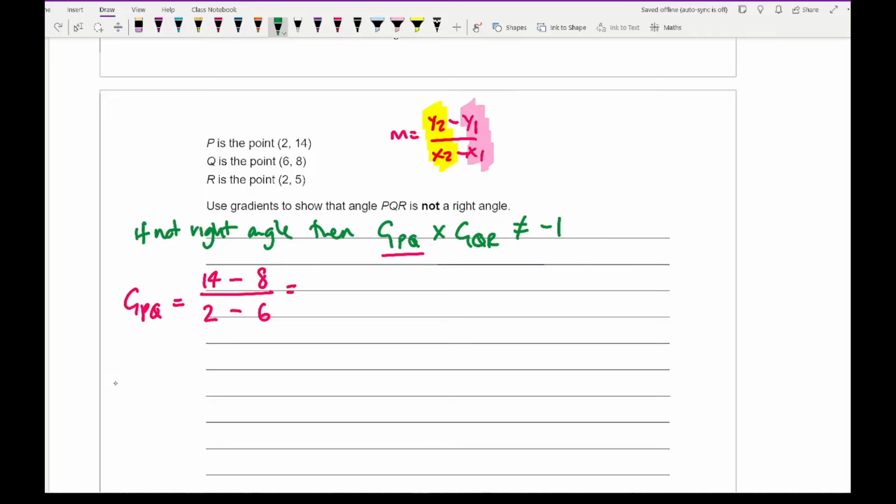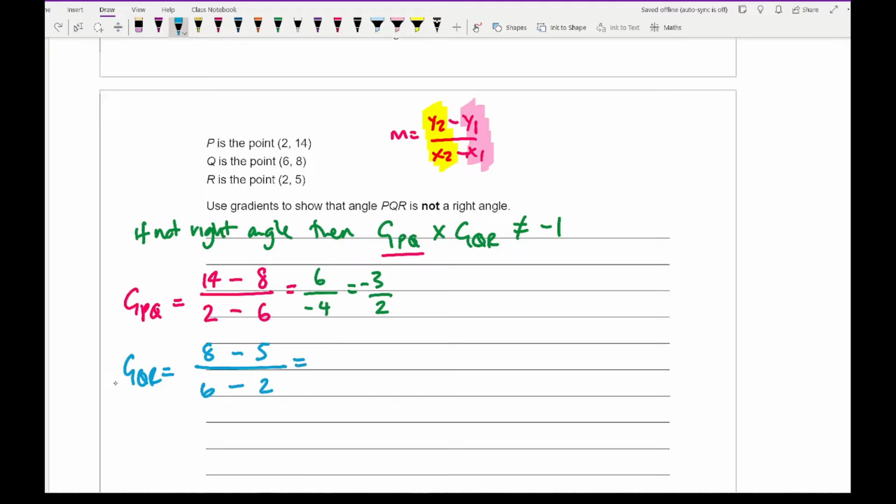So looking at this, that's going to be 6 over minus 4. And if I simplify that, that's going to be minus 3 over 2. I then work out the gradient of QR. So looking at this, I'm going to use 8 and 6, 5 and 2, and I take them away.